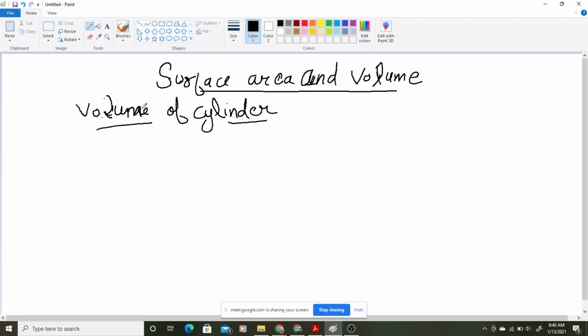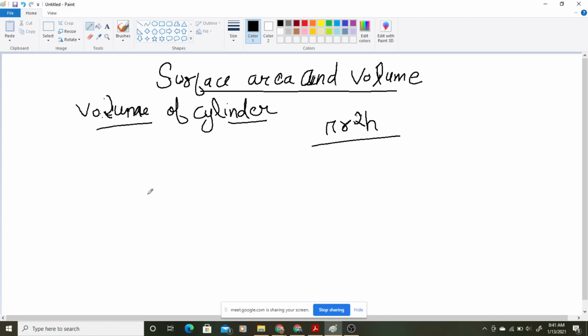Volume of cylinder, so anyone tell me? That was pi r square h. Okay, this was the volume of cylinder we discussed.